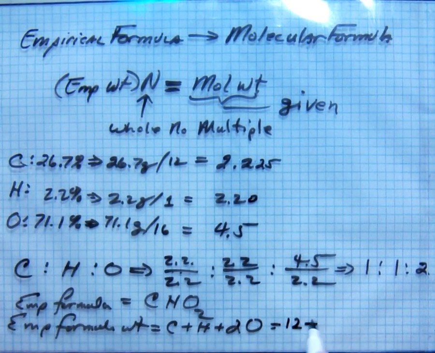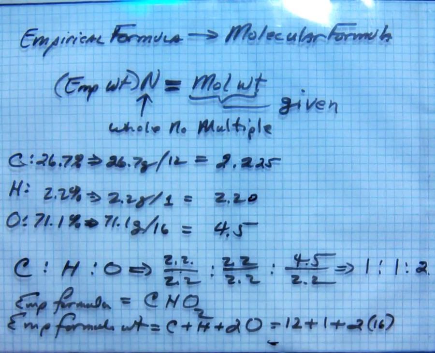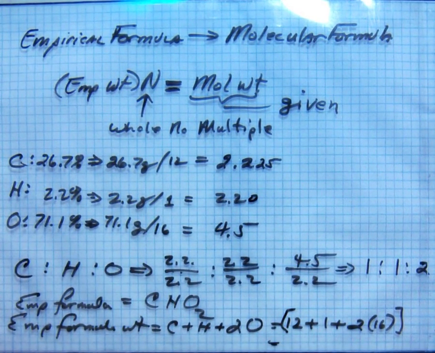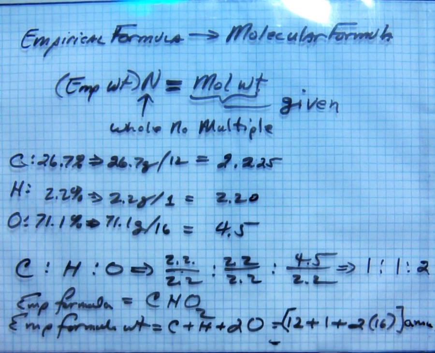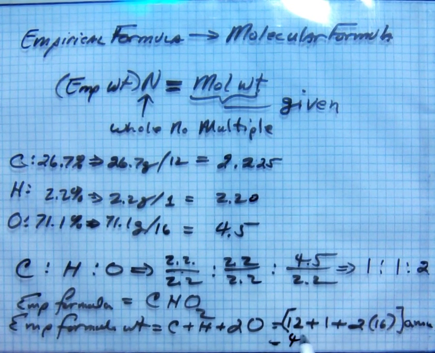This is 12 plus 1 plus 2 times 16. You can take atomic mass units if you want in this case. And so that's 32, 42 for 3, 44, 45. 45 atomic mass units in the empirical formula.